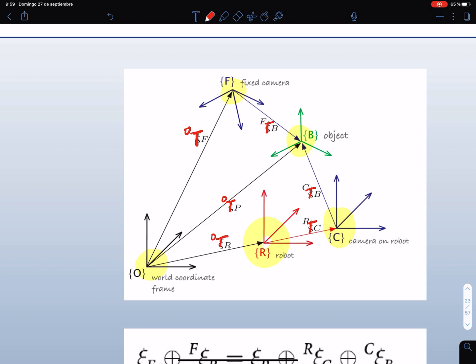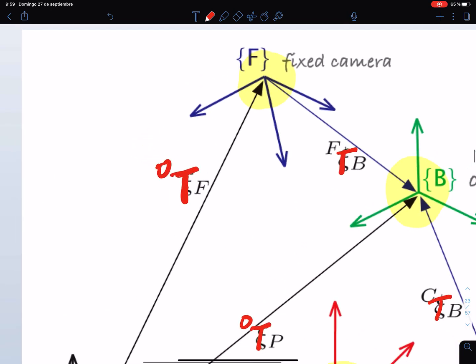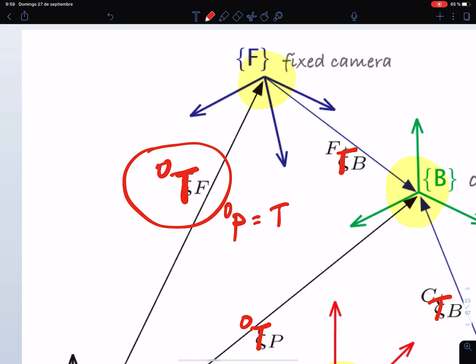Now, observe that there are a set of matrices. We have this 0TF matrix that has the same meaning as the homogeneous transform matrix that we have just defined. Okay, this 0TF matrix is the one that we would use to transform coordinates from reference frame F to reference frame 0.